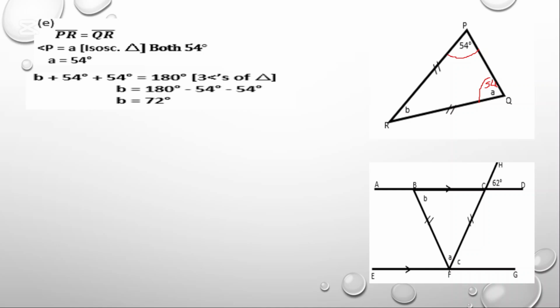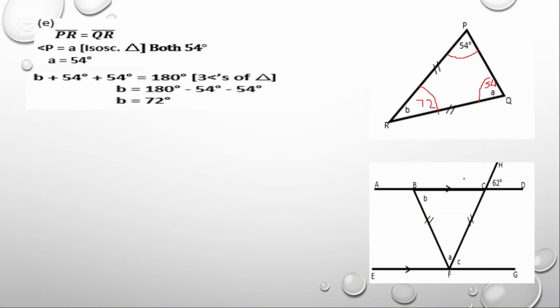Why? 3 angles of a triangle. So, B is equal to 180 minus 54 minus 54. And B is equal to 72 degrees. Alright, if you want to test your answer, you can add these 3 and you must get 180.